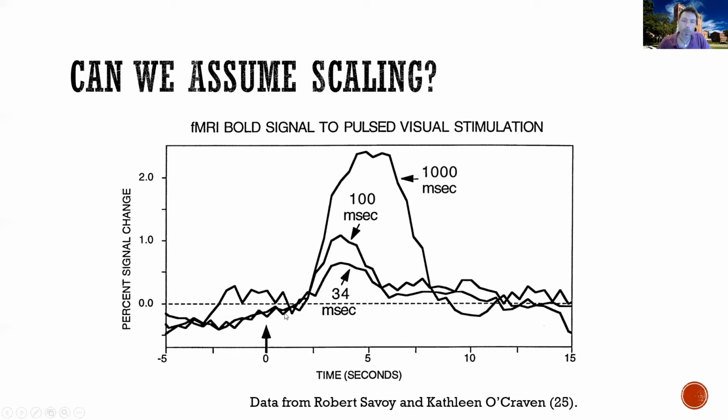Similarly, the response to 100 milliseconds should be exactly 1/10 of the response to 1000 milliseconds, or 1 second. So if I took this and multiplied it by 10, I should get exactly the response to 1 second. It doesn't seem to be exactly the case. So does it scale? Yes. Stronger stimulation, in this case longer stimulation, does induce a greater response. Does it scale linearly? Not exactly.